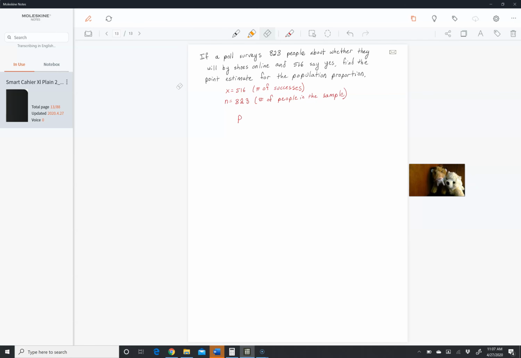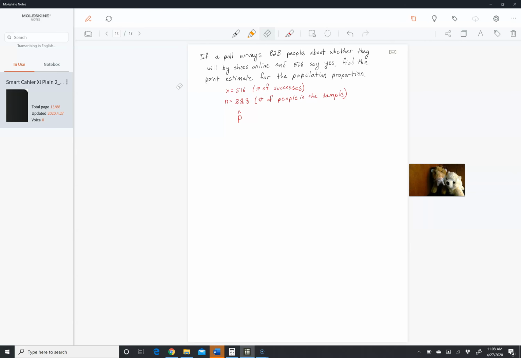So we say p hat. The p hat is what tells us that it's a sample proportion and not a population proportion. If you see a p hat, you know it's a sample proportion, and if you see just a p, then you know that it's a population proportion.